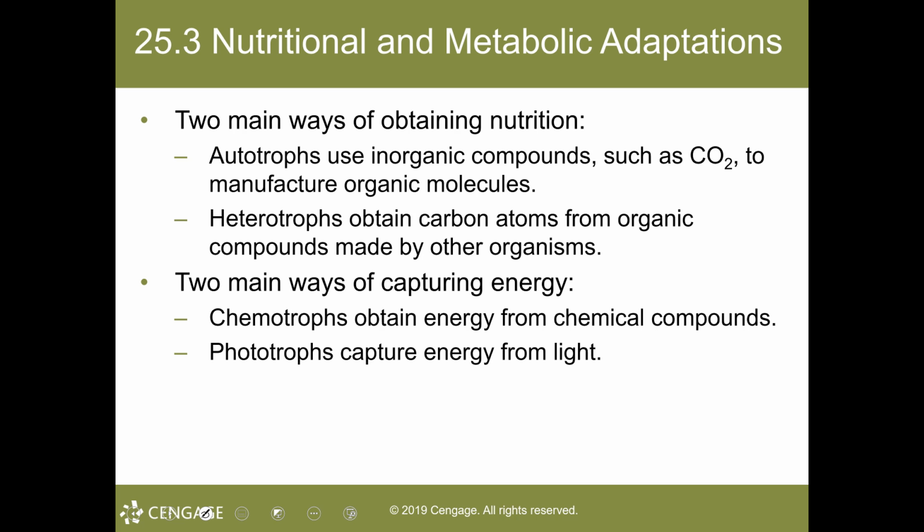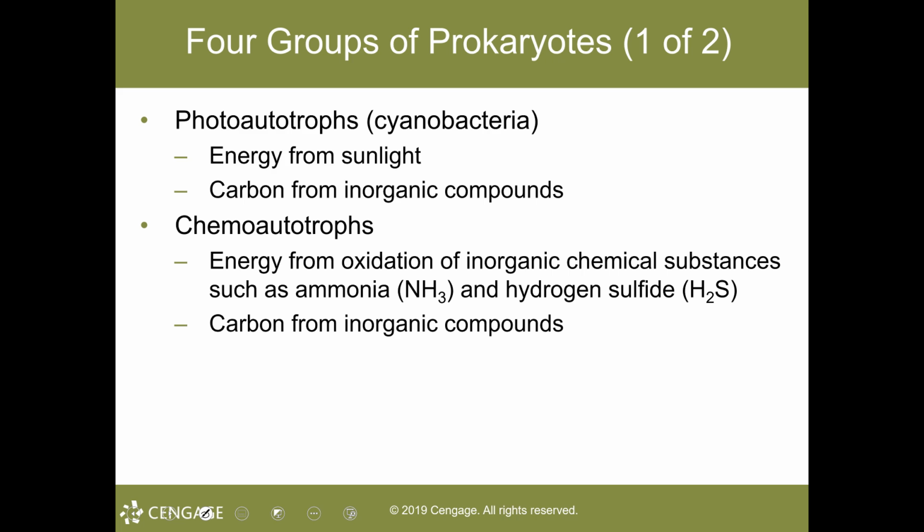So chemotrophs would include those decomposers or saprotrophs, and they harm hosts, causing disease. Some are beneficial, found in the large intestine, such as in us, Homo sapiens, creating, class, vitamin K and vitamin B. Those B vitamins, class, and vitamin K, we must have those. So just keep in mind that those photoautotrophs include the cyanobacteria, taking the energy from sunlight, class, and taking in the carbon from those inorganic compounds.